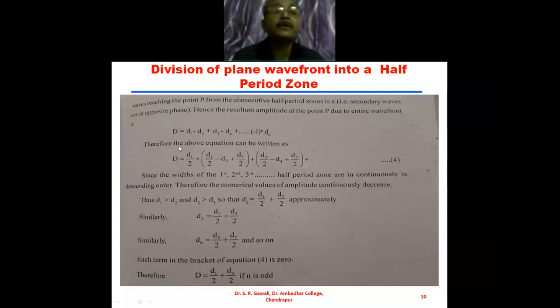Here the last term is minus 1 to the power n into dn.